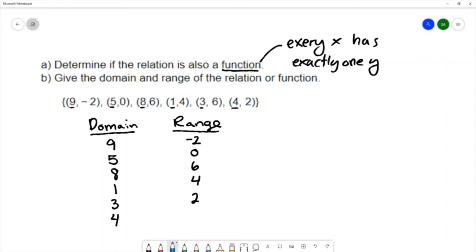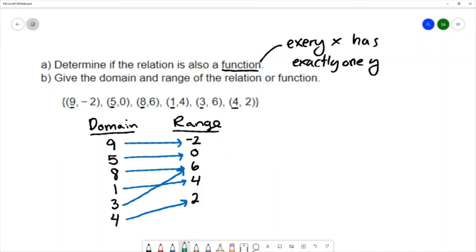So we have an ordered pair of (9, -2), so that corresponds. (5, 0), (8, 6), (1, 4), (3, 6), and (4, 2). So if you're trying to determine if you have a function, you're going to focus only on the domain values, not the range values.